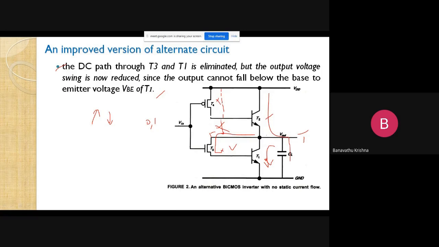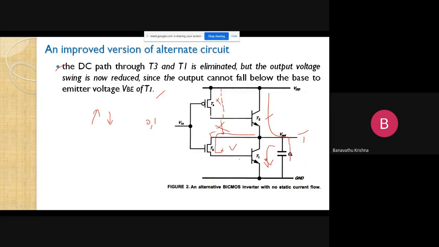Some of the voltage remains in this way, so even when the transistor is turned off, the base current does not decrease. This is the drawback. So we need to protect against this swing voltage, because it will slow down this inverter circuit.